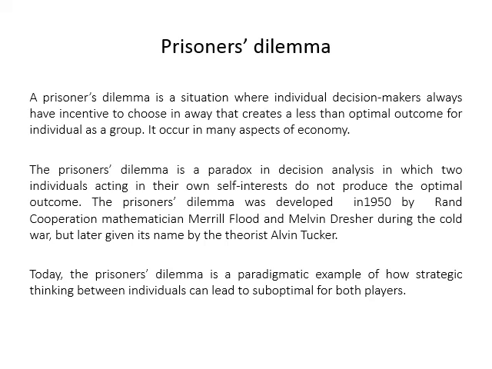The prisoner's dilemma was developed in 1950 by Rand Corporation mathematicians Merrill Flood and Melvin Dresher during the Cold War, but later given its name by the theorist Albert Tucker.